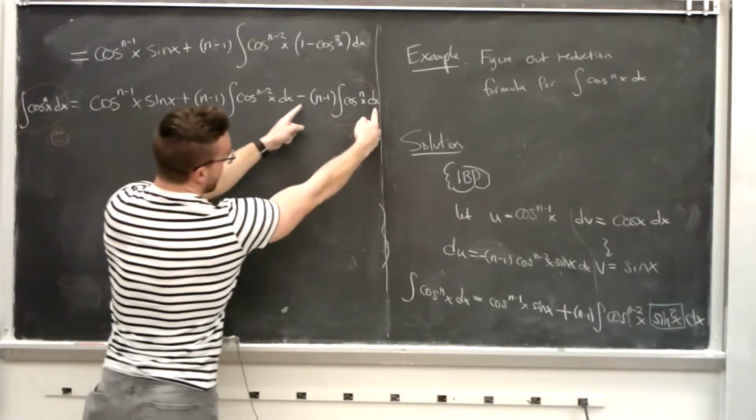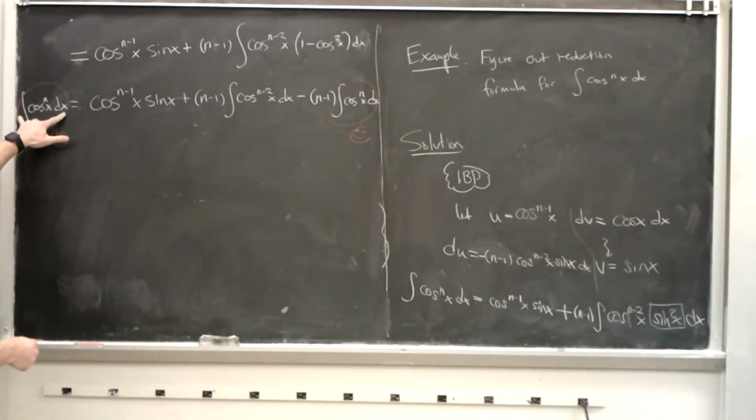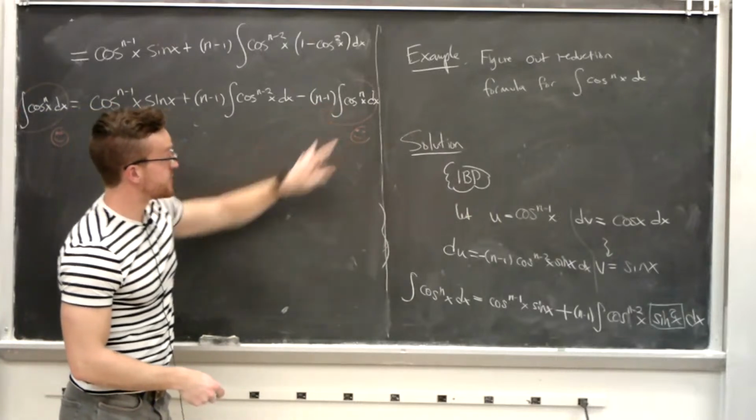So if I add this expression to this side, I would have this plus n minus 1 times this.